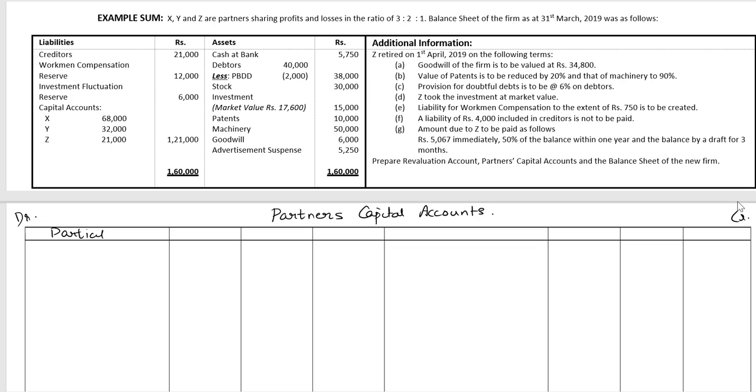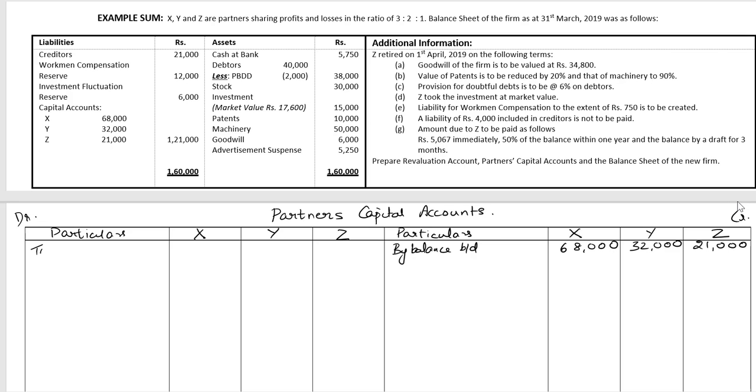Particulars: partner X, partner Y, and partner Z. Particulars: partner X, partner Y, and partner Z. Let's begin by bringing down the balance of the capital accounts by balance brought down. 68,000 for partner X, 32,000 for partner Y, and 21,000 for partner Z.